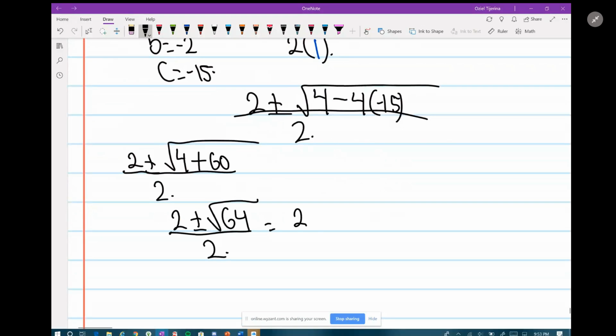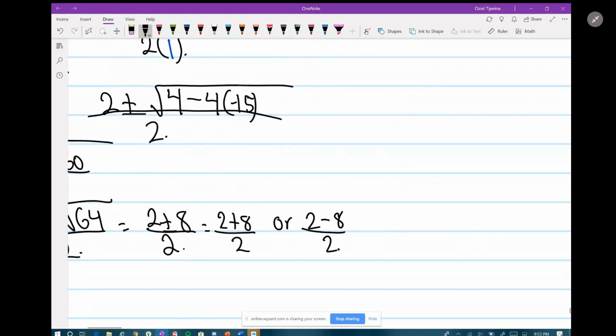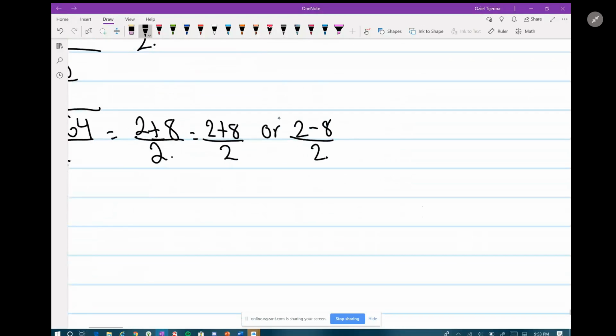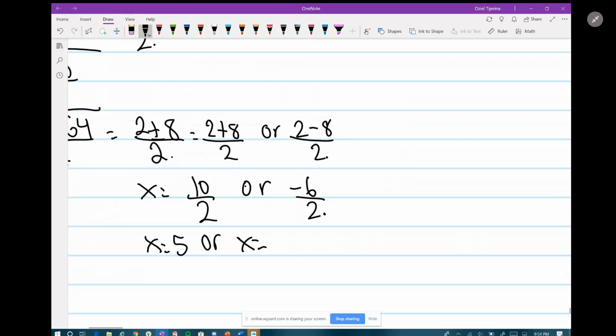The square root of 64 is 8, so this is equal to 2 plus 8 over 2, or 2 minus 8 over 2. So we have 10 over 2, or -6 over 2. So then we have x equals 5, or x equals -3.